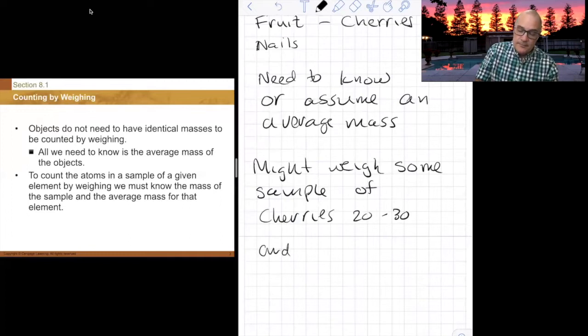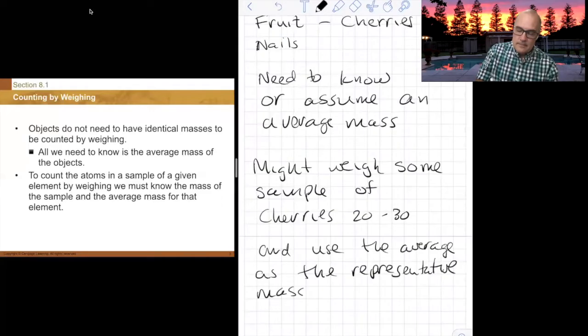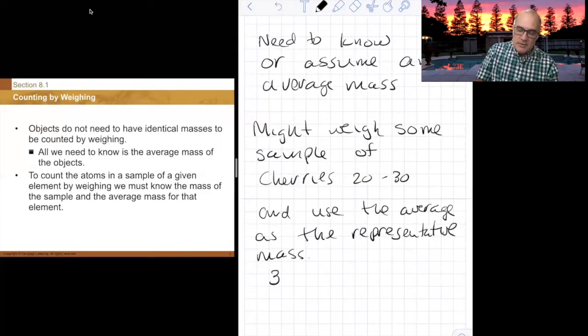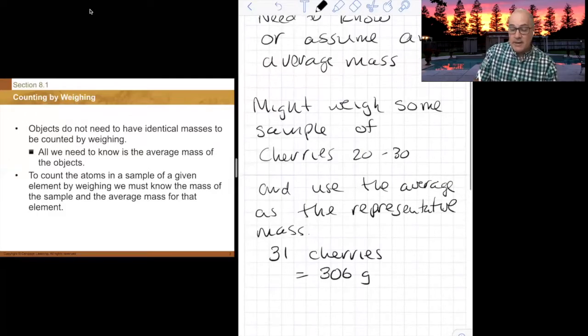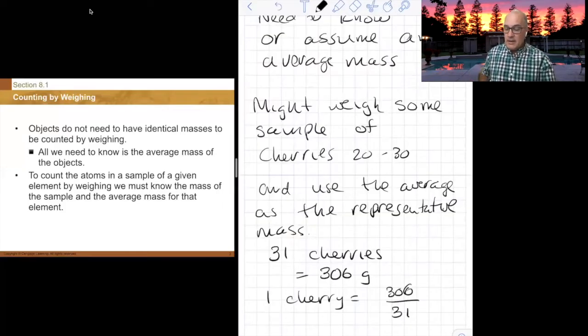And use the average as the representative mass. So if we used 31 cherries and say this was 306 grams, then we can say one cherry is 306 divided by 31, or pretty close to 10 grams of cherry.